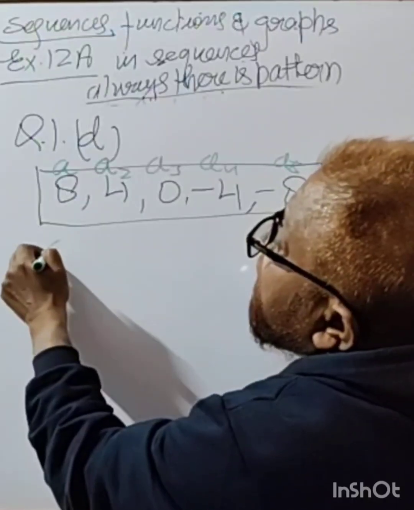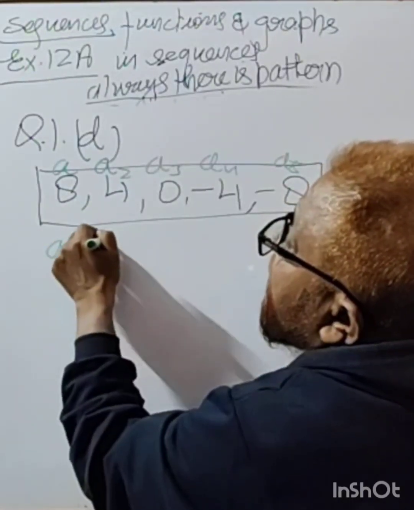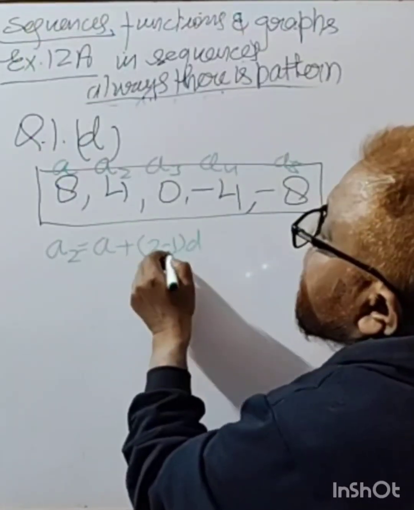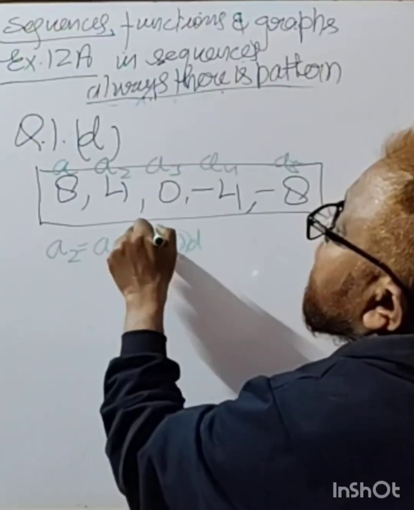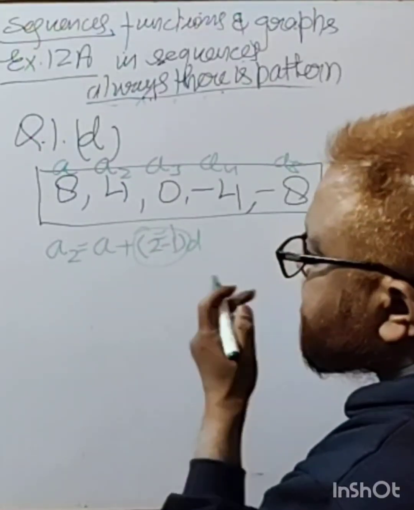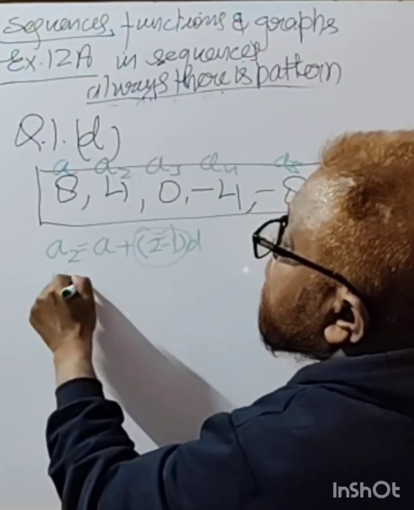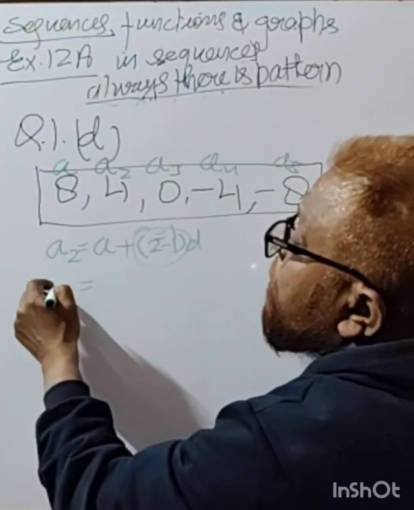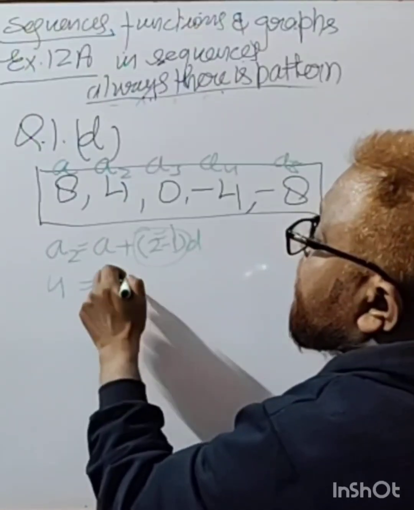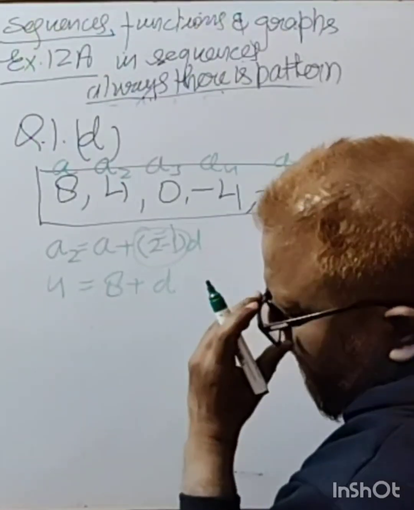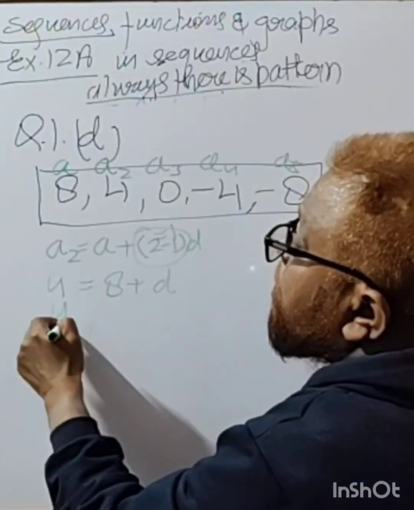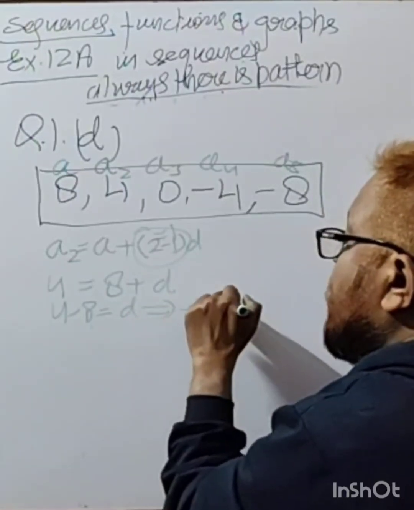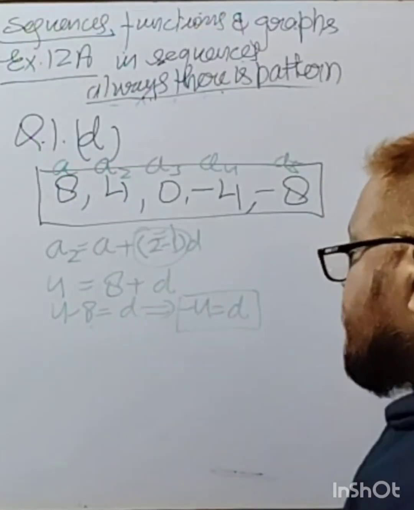Now A2 is equal to A plus 2 minus 1 into D. So A2 is 4 and A is 8, so 4 is equal to 8 plus D. So we get 4 minus 8 becomes D. Therefore, minus 4 is equal to D. D is minus 4. Fine.